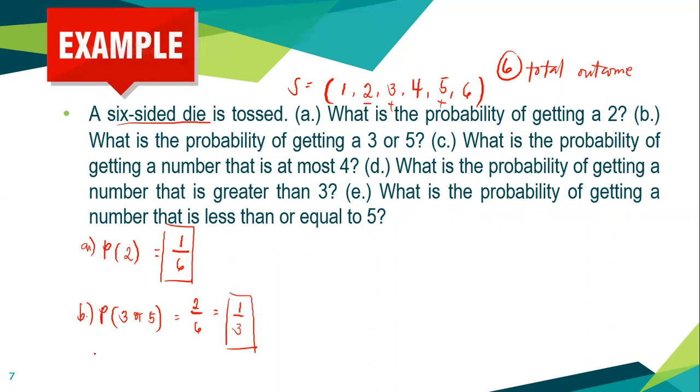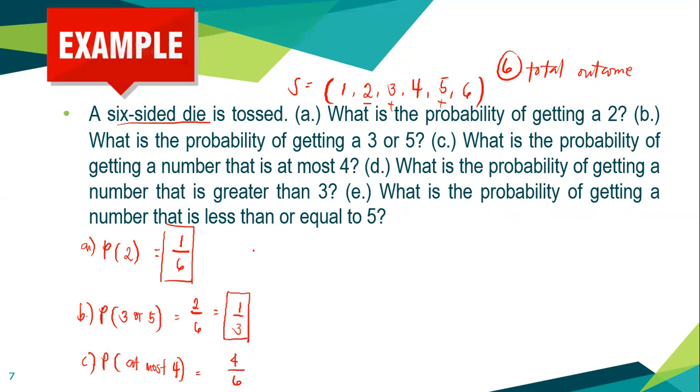For letter C, we have probability of getting at most 4. Ilan yung at most 4 natin? Iitan natin yung box para magkasya. Ayan. We have 4. Tama ba? Ano ba yung mga at most 4 na number natin?